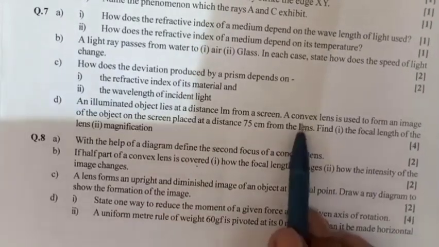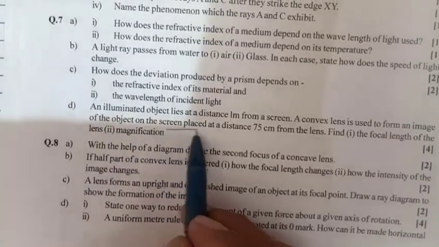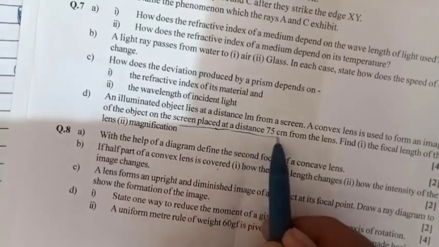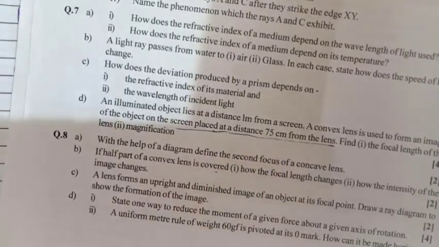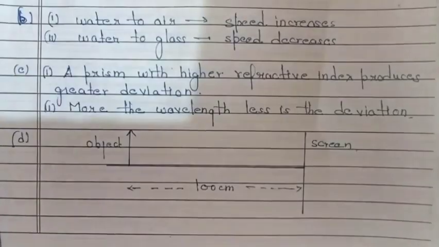The screen is placed at a distance of 75 centimeter from the lens.